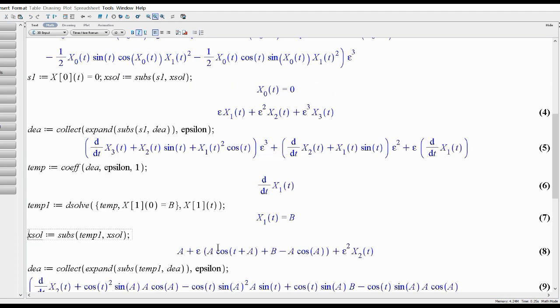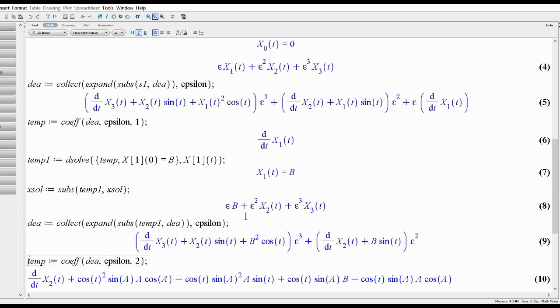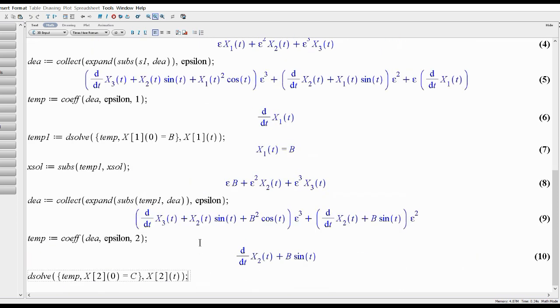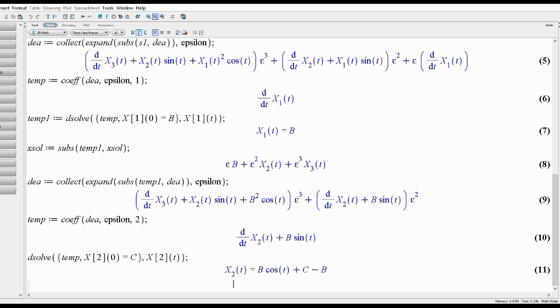I substitute that in, and I collect, and epsilon square is there, so that's not a problem. So I collect that, and I solve it with an initial condition of c, and then I call this temp1, and then I say xsol is equal to substitute temp1 in xsol.